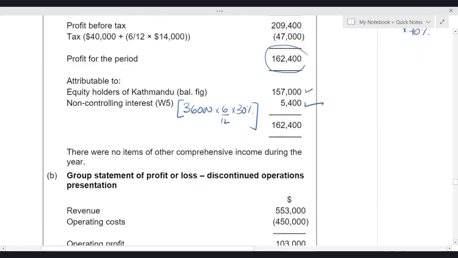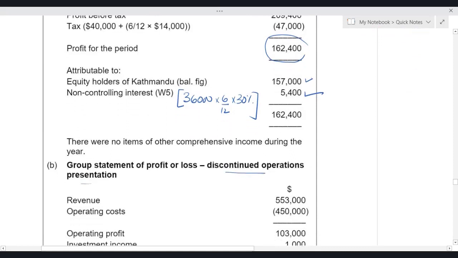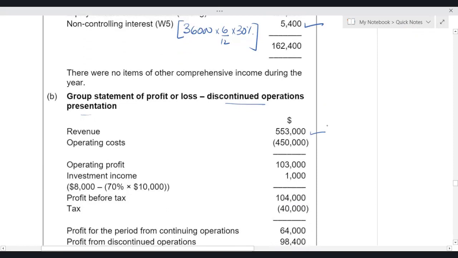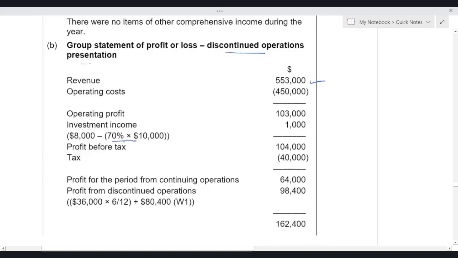Now, in part B, what is happening? Group statement of profit and loss, discontinued operations. Look at this, only the parent's revenue. We do not have any other subsidiary, that is why. And this subsidiary's results will be shown as discontinued operations. So parent's revenue, parent's operating costs, dividend from subsidiary will be deducted. Taxation. Now you get the profit for the period from continuing operations. After that, how are we calculating profit from discontinued operations? Very simple. Entire 12 months profit is 36,000, times 6 by 12. Why 6 by 12?